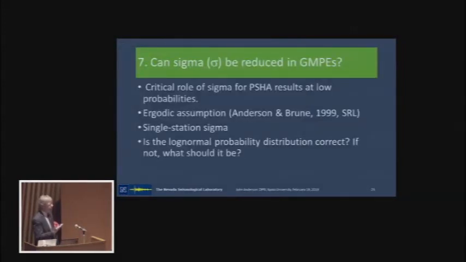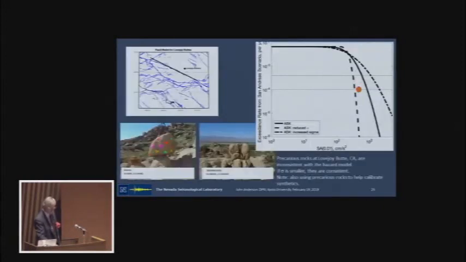The related question is, can this parameter sigma be reduced? It plays a critical role for PSHA results. And here's an example of the role that it plays.